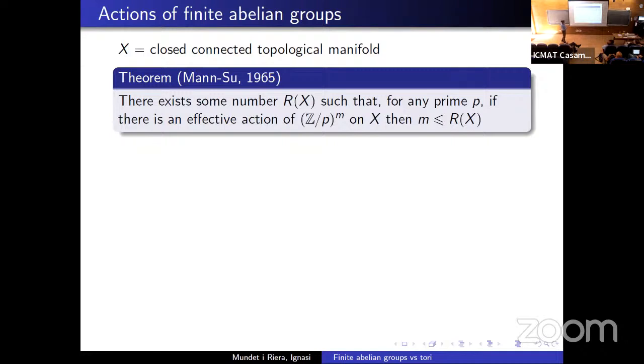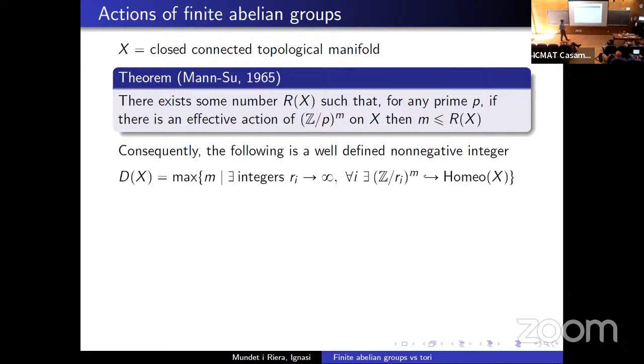So this looks very much similar to the previous theorem, because you can look at this group as an analog of the torus. It is a cyclic group raised to the m power. But this bound R of X in general is much bigger than the dimension of X. So let's try now to define something more refined.